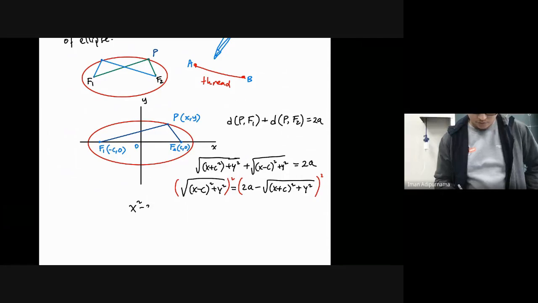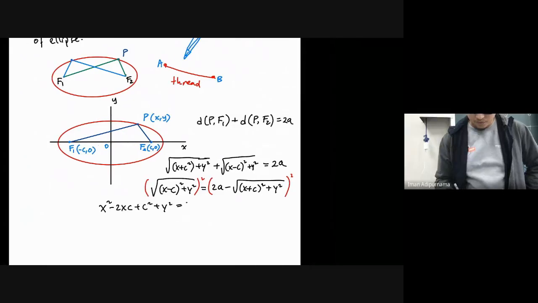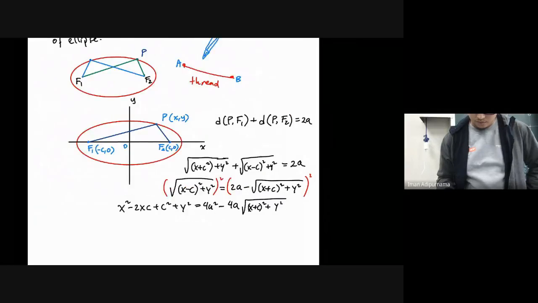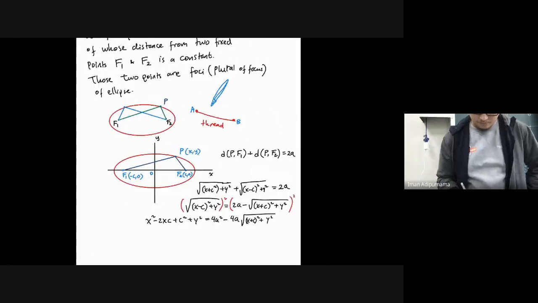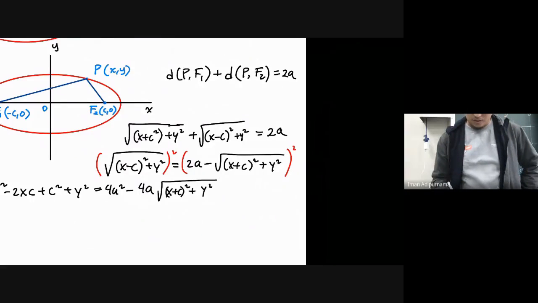So x squared 2xc plus c squared plus 4a squared minus 4a.